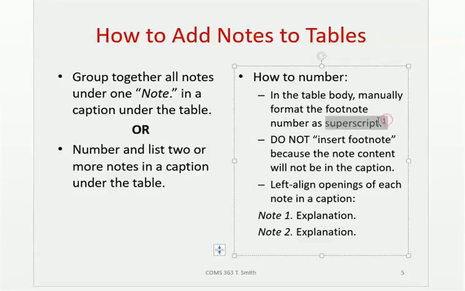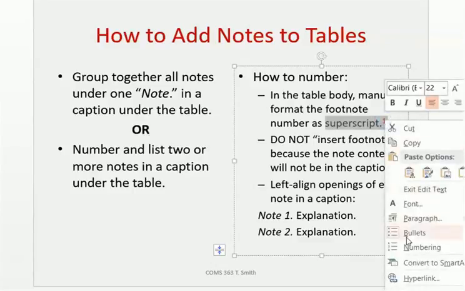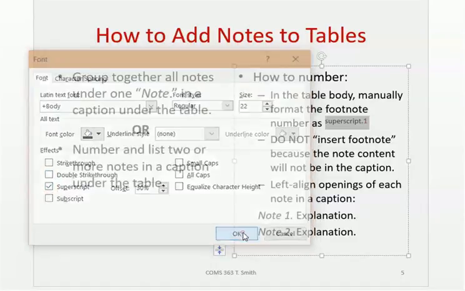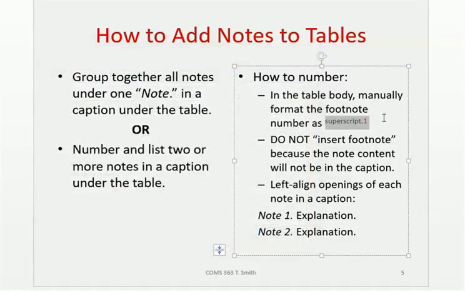You can see this one appears as a superscript number 1, and if I take that off, the way I created it was to highlight this and then go into the formatting of the font and select superscript, and superscript will create everything in superscript text like that.